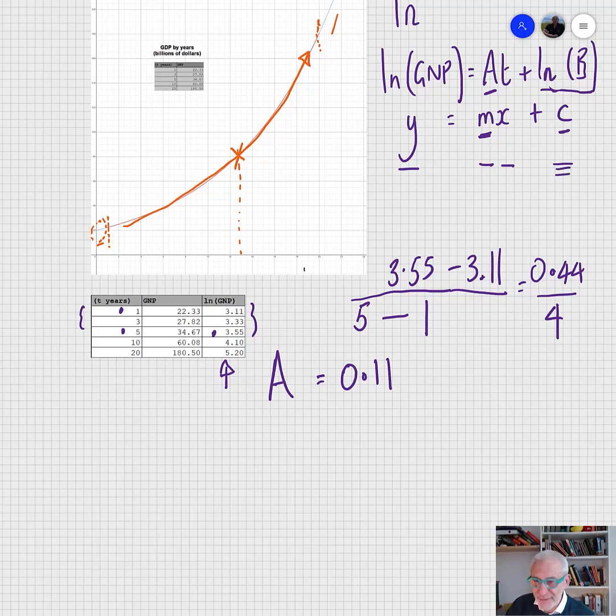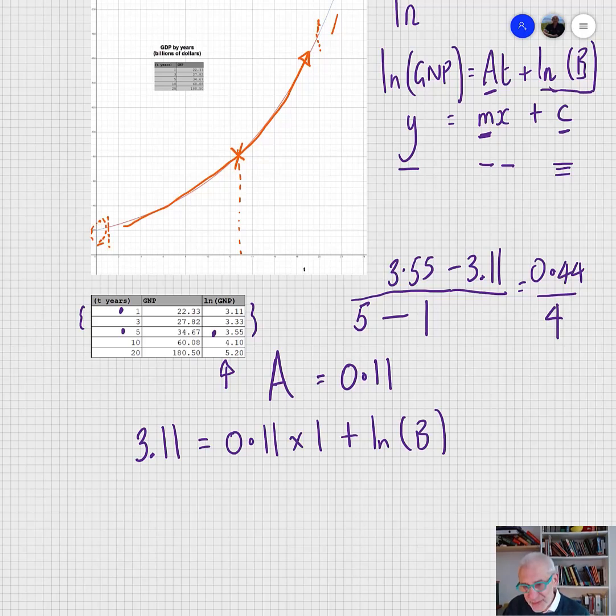So, in order to find the value of the b, we take the y value, 3.11. We take the a value, 0.11. We take the year's value, which in this case is 1. And we know that if we add on the log n of b, we'll be able to get an answer out.